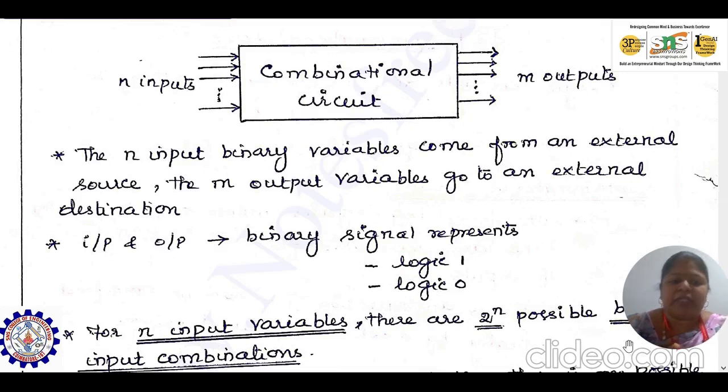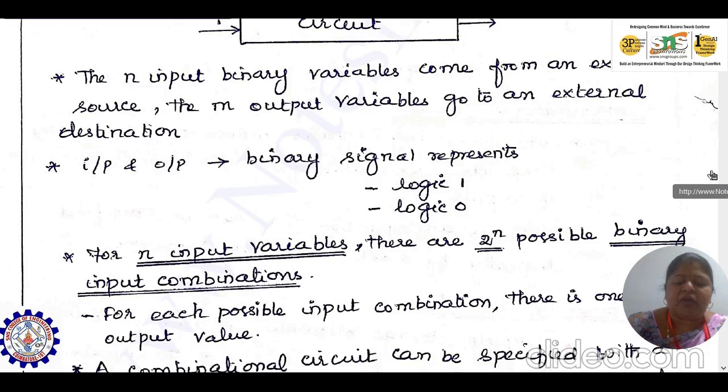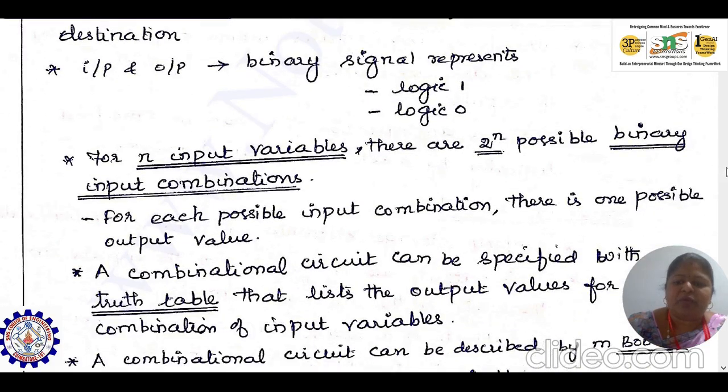The n input binary variables come from an external source. The output variables m go to an external destination. Input and output binary signals represent logic 1 and logic 0. For n input variables, there are 2 to the power n possible binary input combinations.